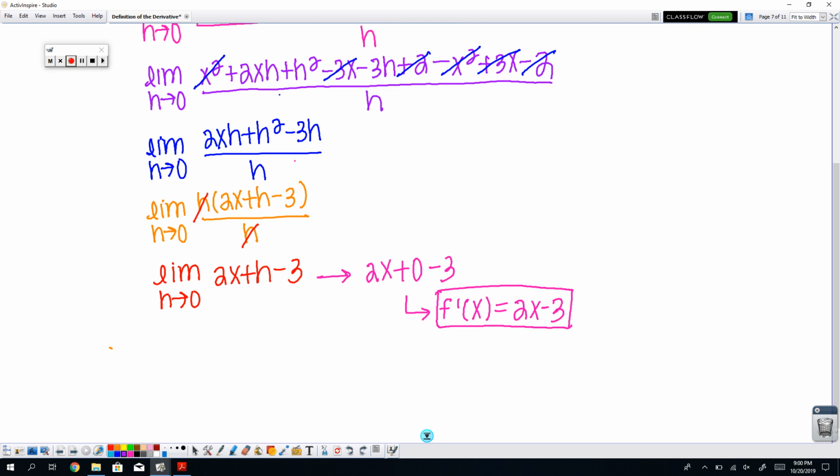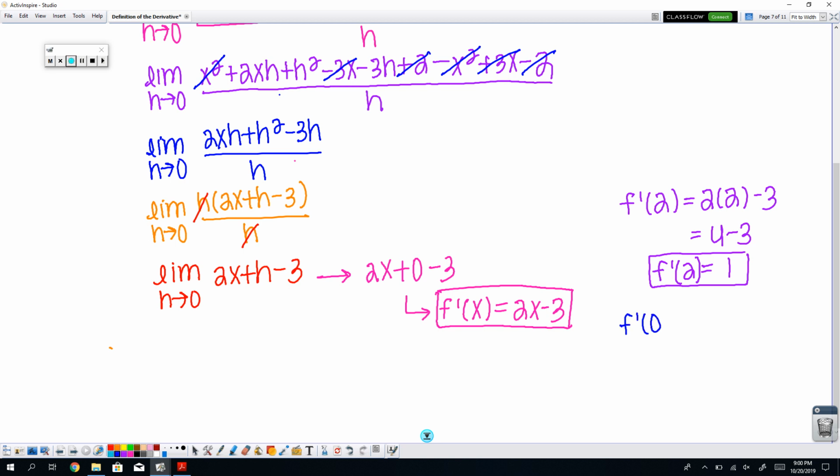So, f prime of 2 here's 1, and then we just need to do the last one, f prime of 0 equals 2 times 0 minus 3, 0 minus 3, negative 3.